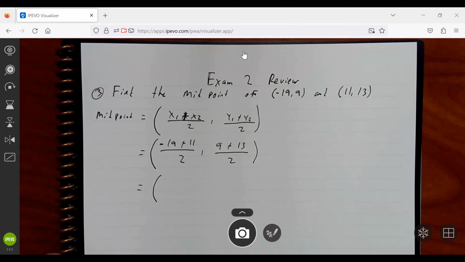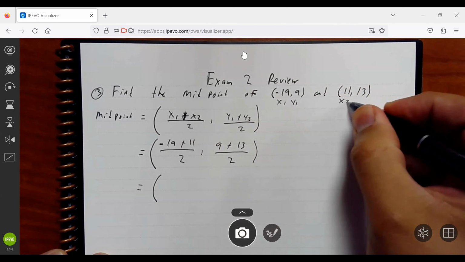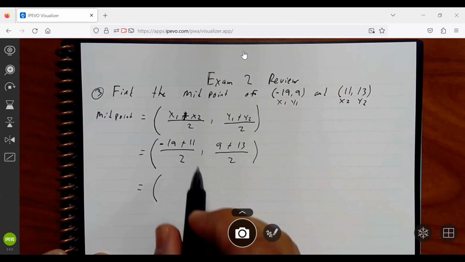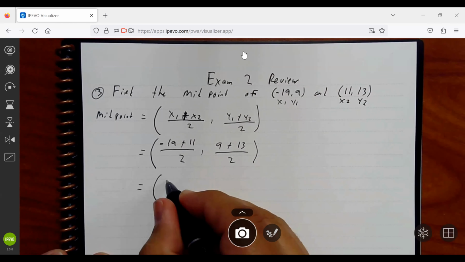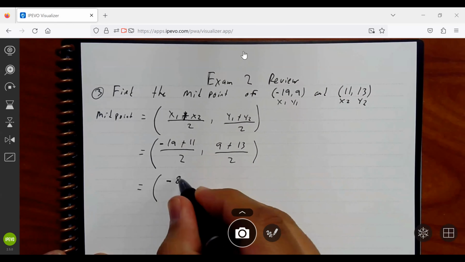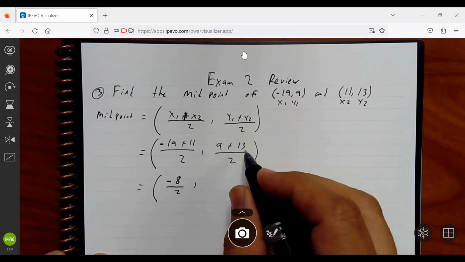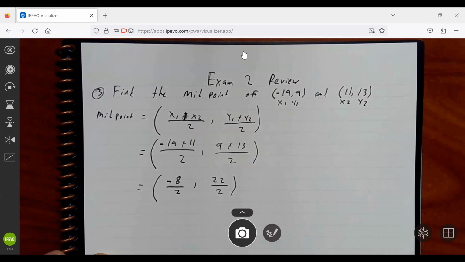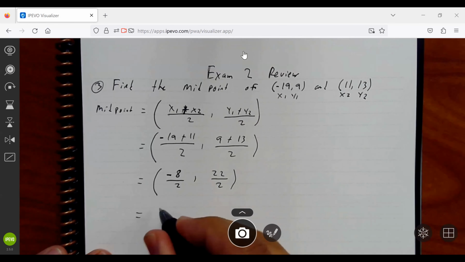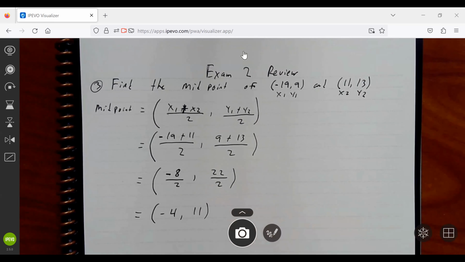No big deal, right? You can label your x1, y1, x2, y2. -19 plus 11, divide by 2. And that's it.